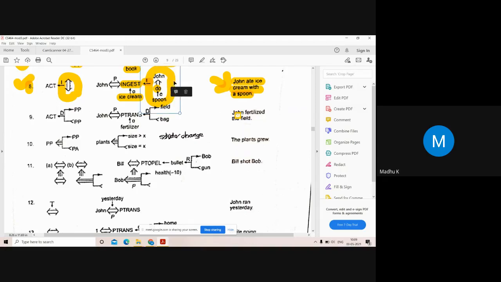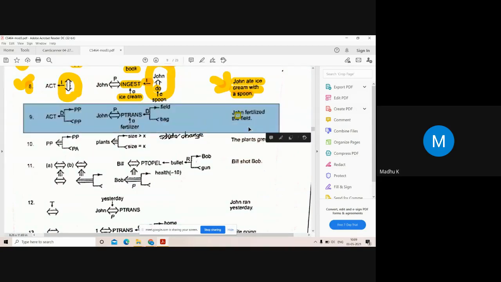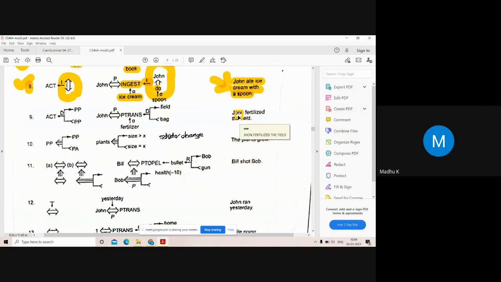In that case, what will we do? In this case we are considering the sentence John fertilized the field. We will represent the action part in this way. First, we can check who is the picture producer: John. Then this is the action part.